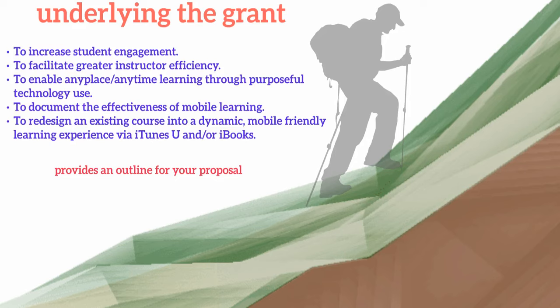Again, what you're looking for is that the grant will apply the outline of your proposal. Here the outline is to increase student engagement, to facilitate greater instructor efficiency, to enable any place, anytime learning through purposeful technology use, to document the effectiveness of mobile learning, to redesign an existing course.